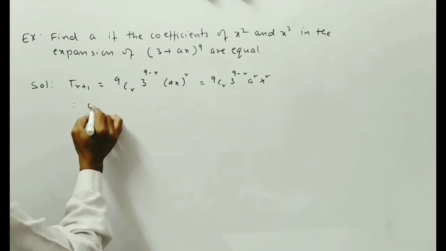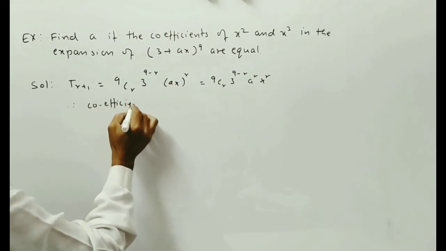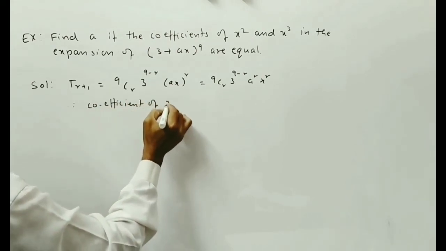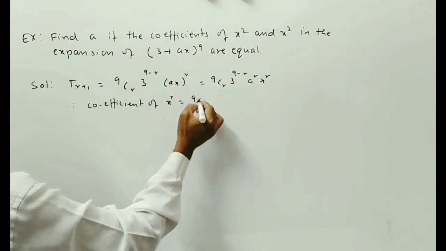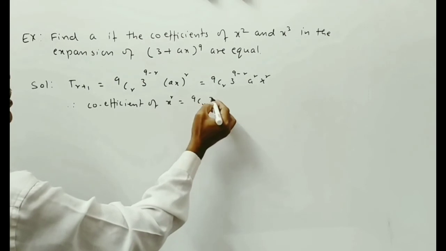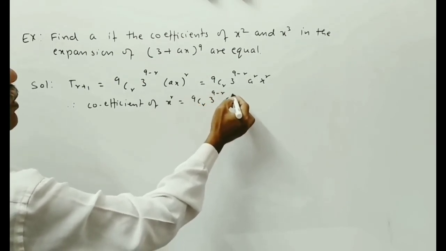Therefore, the coefficient of x raised to the power r is equal to 9Cr into 3 raised to the power 9 minus r into a raised to the power r.